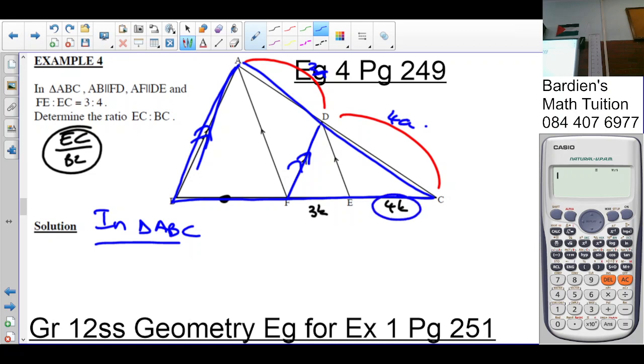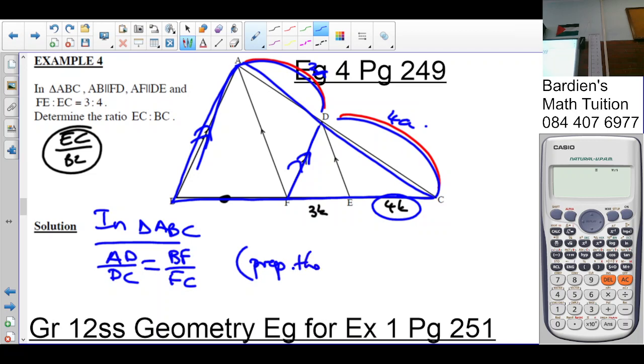So what we can say is that in triangle ABC, let's go with that ratio again. AD over DC is equal to BF over FC. And that is coming from the proportionality theorem, with DF being parallel to AB.